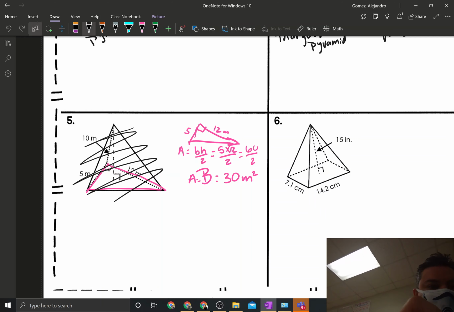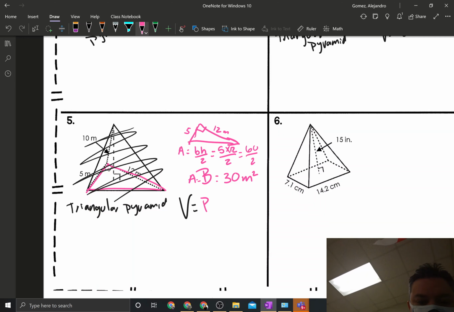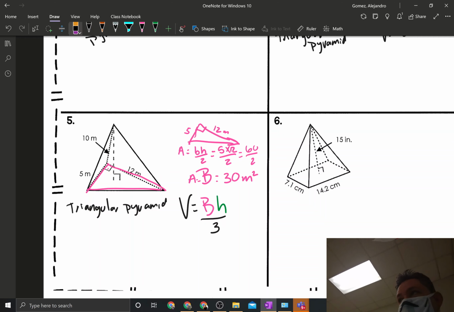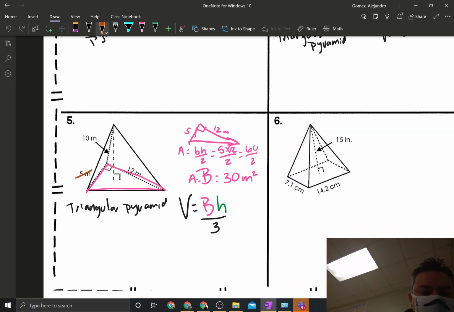So now I can write my formula. Again, this is a triangular pyramid. Formula, big B times height divided by 3. I can go back to this and substitute the values that I know. Again, I have already used the 5 and the 12, so the only number I have left is this one right here, which is my height.